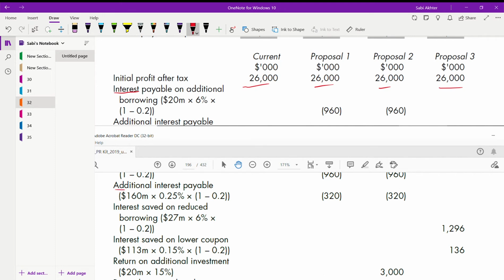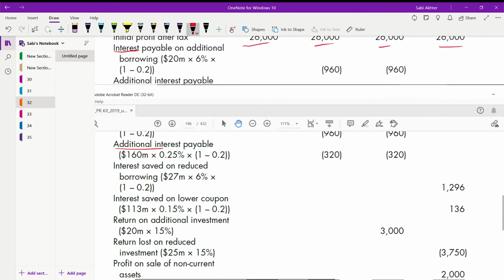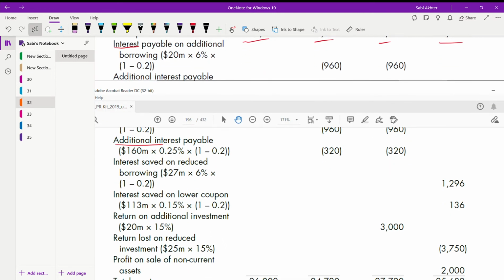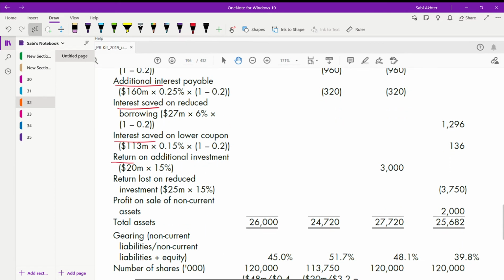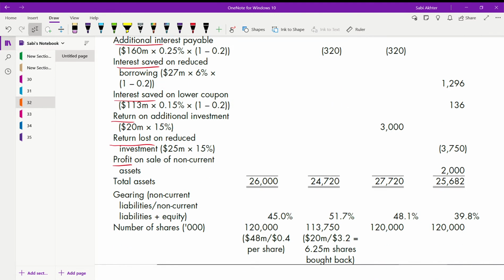You have to pay additional interest also, if coupon is increased or something. Then there's interest saved also if debt is reduced. If it's a lower coupon, interest will be saved. If you are investing in assets, there will be return. If you are selling off assets, there will be return lost. Then there will be profit also when you are selling non-current assets. So all these adjustments will change your total assets.